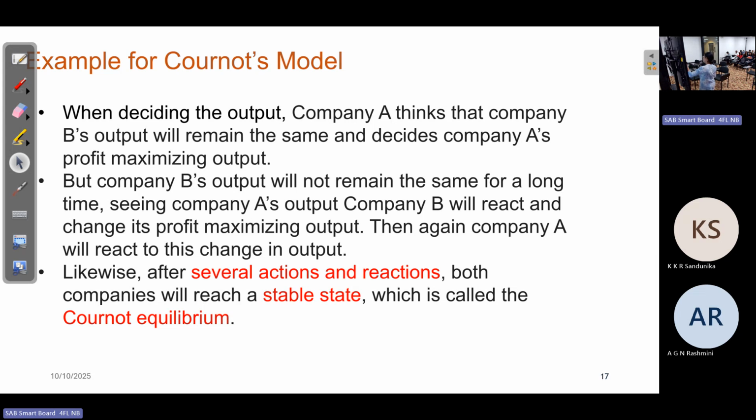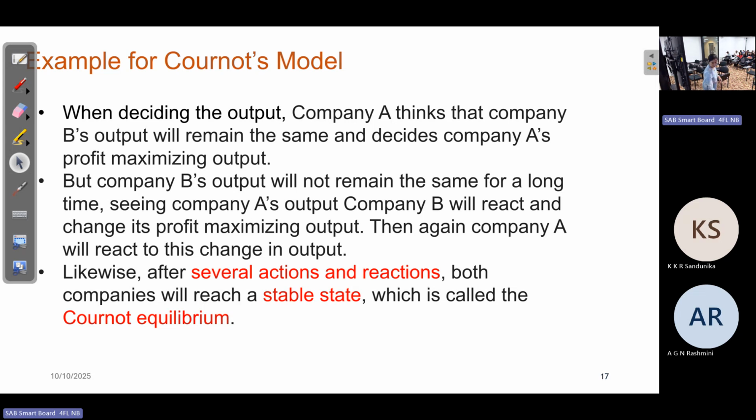But company B's output will not remain the same for a longer time. Seeing company A's output, company B will react and change its profit maximizing output. Then again, company A will react to this change in output. So how does this happen?